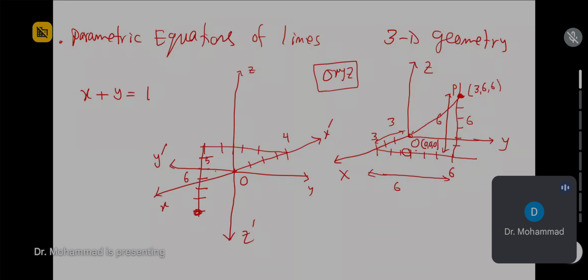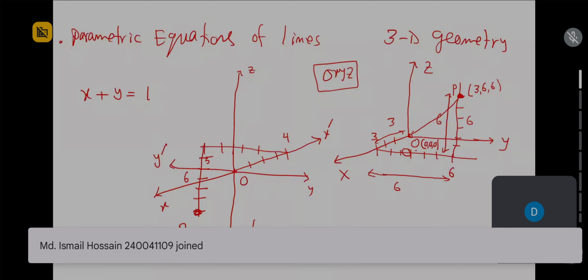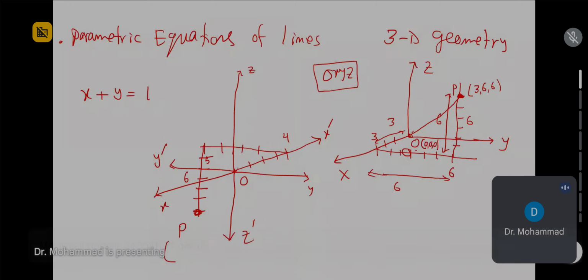So what is the coordinate of this point? Let's say this is the point P. So along the X prime we travel 4. That is our minus 4 because we traveled 4 units along the X prime. And then we traveled 1, 2, 3, 4, 5.